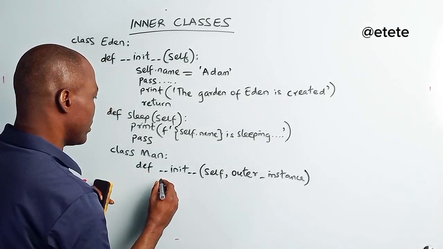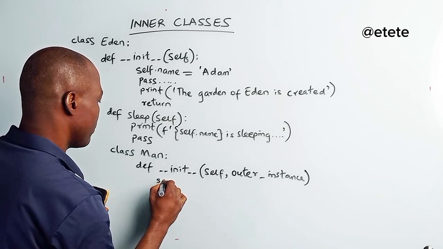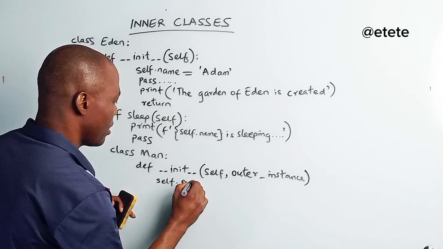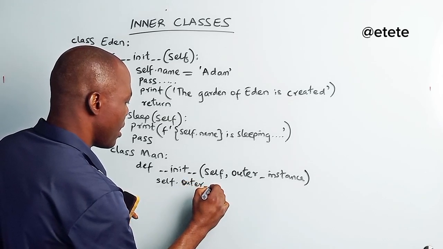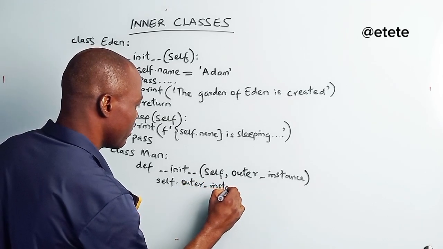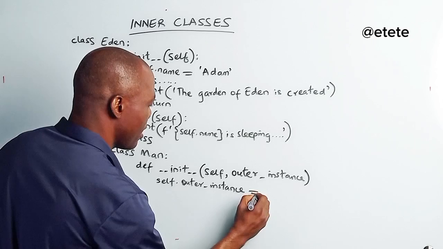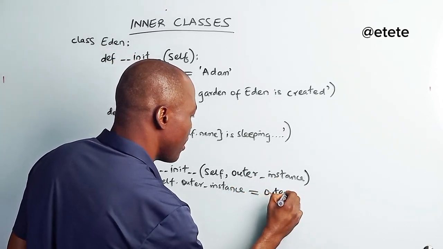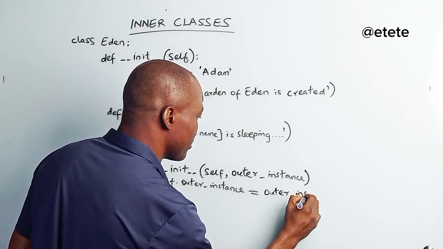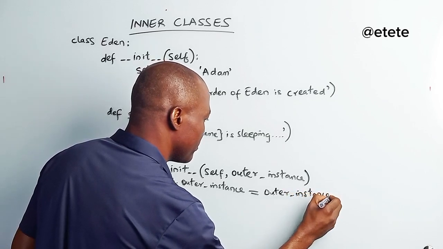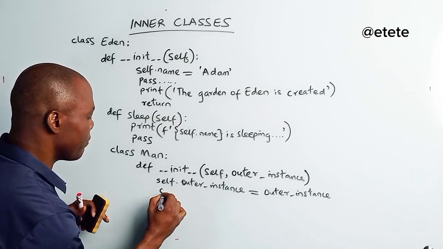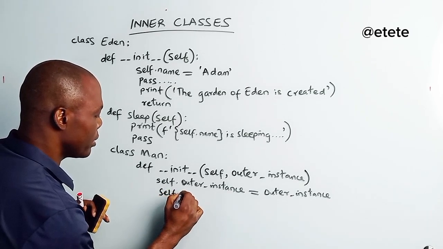So here I will say self.outer_instance. I'm going to assign this outer instance to it. So outer instance will be saved inside this place. Then here I will say self dot name.